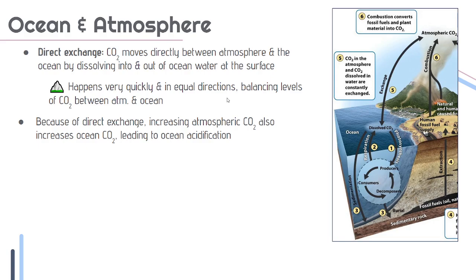Now, when we look at increasing atmospheric CO2 from human processes, as the concentration of CO2 in the atmosphere increases, it means that the concentration of CO2 in the ocean is also going to increase. This increased CO2 leads to ocean acidification.